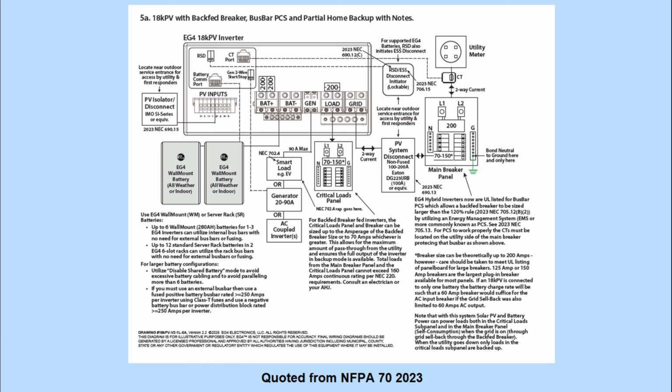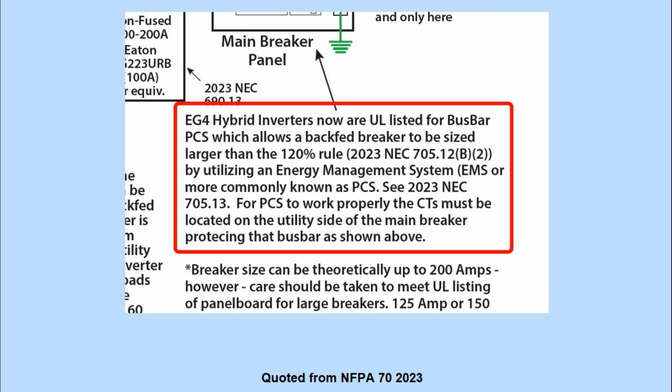And here's the twist. Let's zoom in on this section of EG4's diagram 5A, 18kPV with backfed breaker, busbar PCS, and partial home backup with notes. EG4 hybrid inverters are now UL listed for busbar PCS, which allows a backfed breaker to be sized larger than the 120% rule that we just talked about.